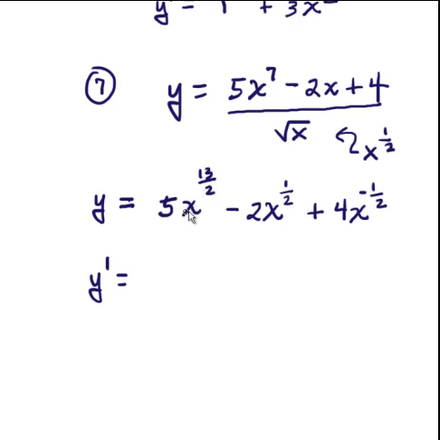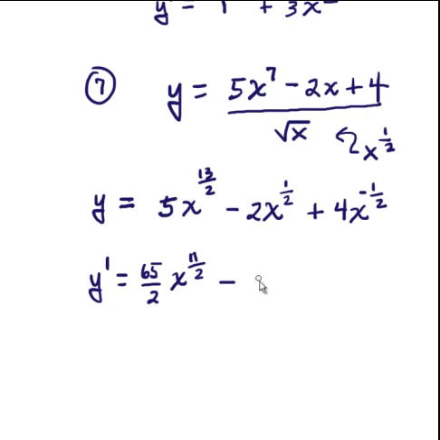Bring down the 13/2. So we have 5 times 13/2, that's 75/2. Sorry, 65/2. Let me rewrite that. X to the, and now 13/2 minus 2/2, that would be 11/2. 2 times 1/2 is 2/2, or 1.